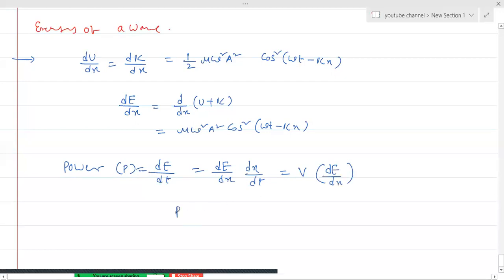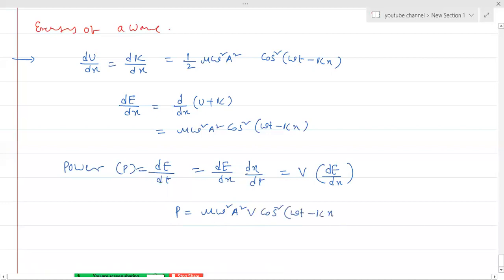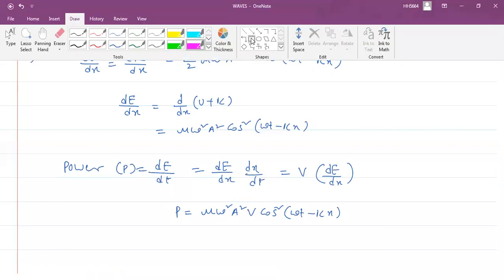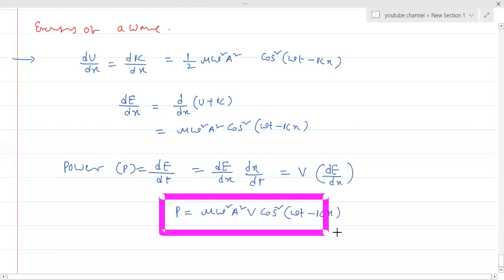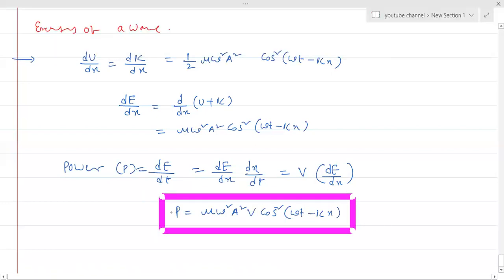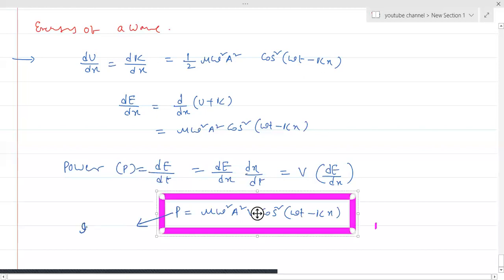So finally the power is equivalent to mu into omega square a square into v cos square of (omega t minus kx). This is very important. Because the power is expressed in terms of time, we call this instantaneous power.